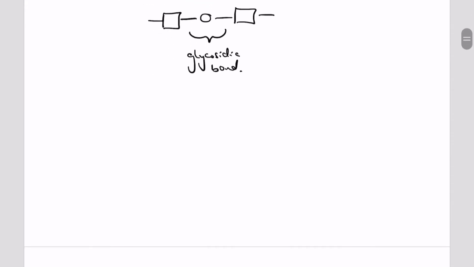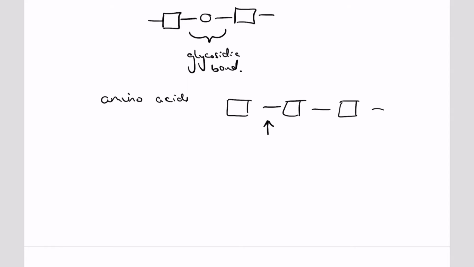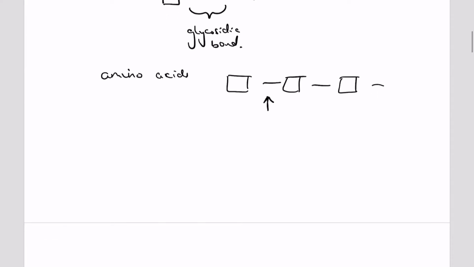So if we react multiple amino acids to form a chain, the bonds between the monomer units, so the bonds between the specific amino acids, will be called peptide bonds.